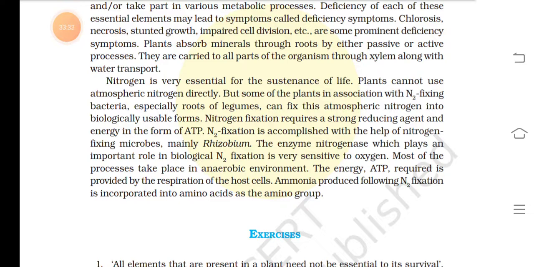Nitrogen fixation requires a strong reducing agent and energy in the form of ATP, and nitrogen fixation is accomplished with the help of nitrogen fixing microbes, mainly Rhizobium. The enzyme nitrogenase, which plays an important role in biological nitrogen fixation, is very sensitive to oxygen. Most of the processes take place in an anaerobic environment. The energy ATP required is provided by the respiration of the host cell. Ammonia produced following N2 fixation is incorporated into amino acids as the amino group.